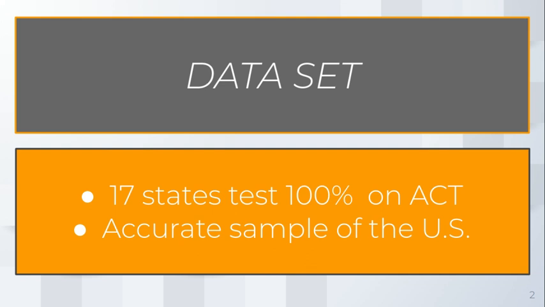But there are 17 states, Midwest, and actually quite a few Southern states, and even some Western states that test 100% of their students on the ACT. And so I felt this would be a really accurate sample size of the U.S., even for those states that maybe test 7, 8, 10, 12% of their students on the ACT.